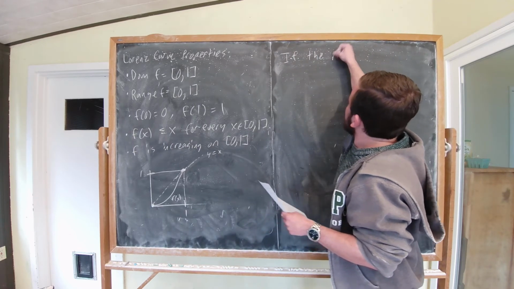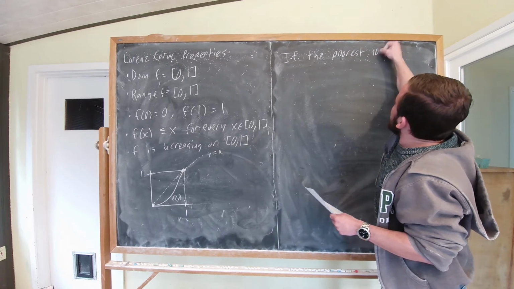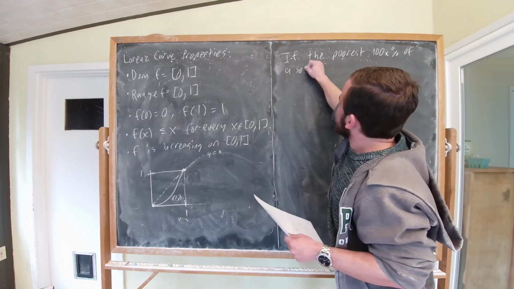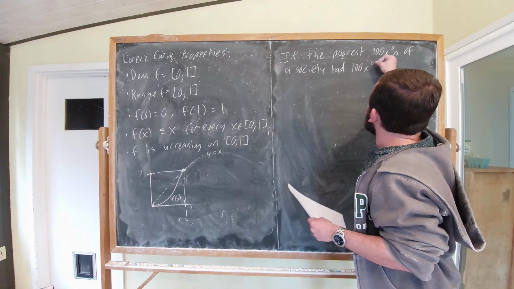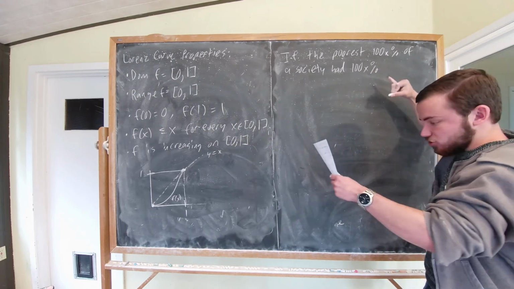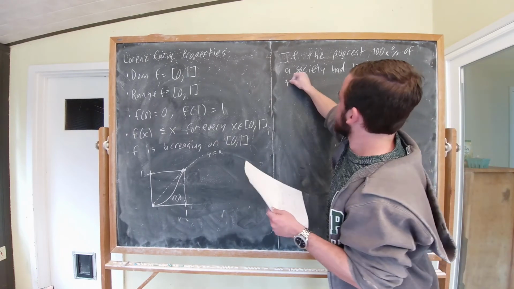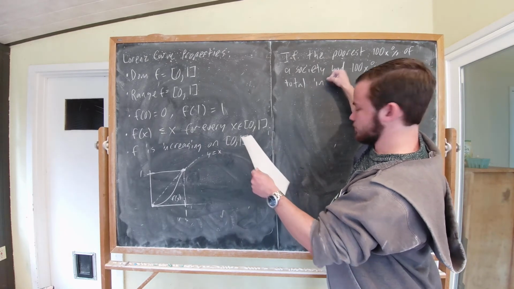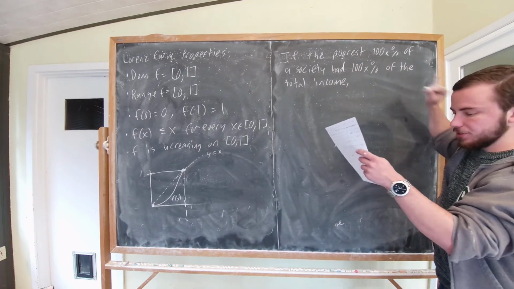If the poorest 100x% of a society had 100x% of the income, right? Because they'll always have less than or equal to this much, but if they had as much as they should, so this is an evenly distributed, equitable society.